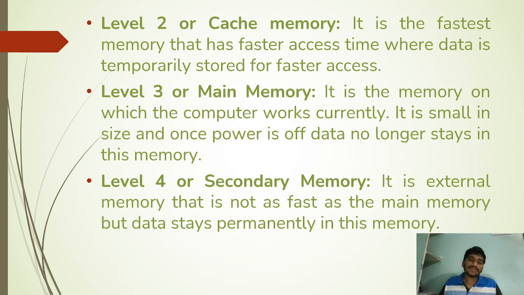When comparing the two, in main memory, when the power is off, the data can be erased, whereas in secondary memory the data is stored permanently, whether the power is off or not.